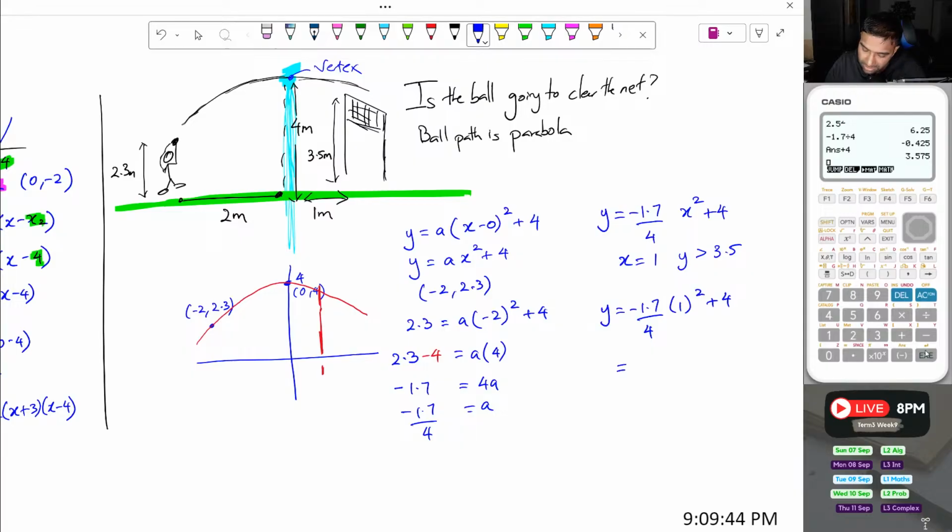It actually gives me 3.575. That basically means the net is going to be somewhere at 3.5 and the ball is going to be at 3.575. So you can actually say, yes, the ball actually clears the net because it's above 3.5.